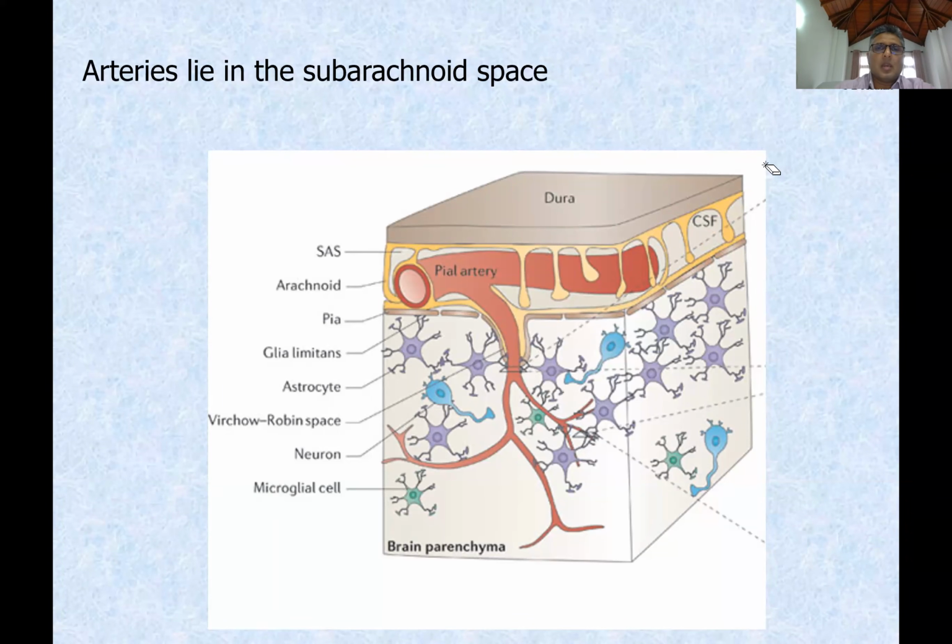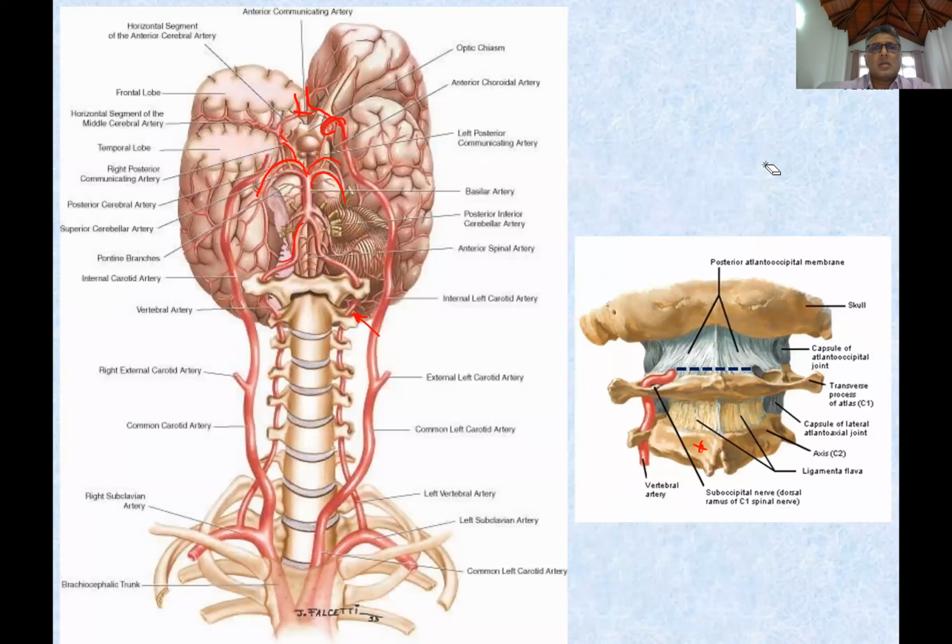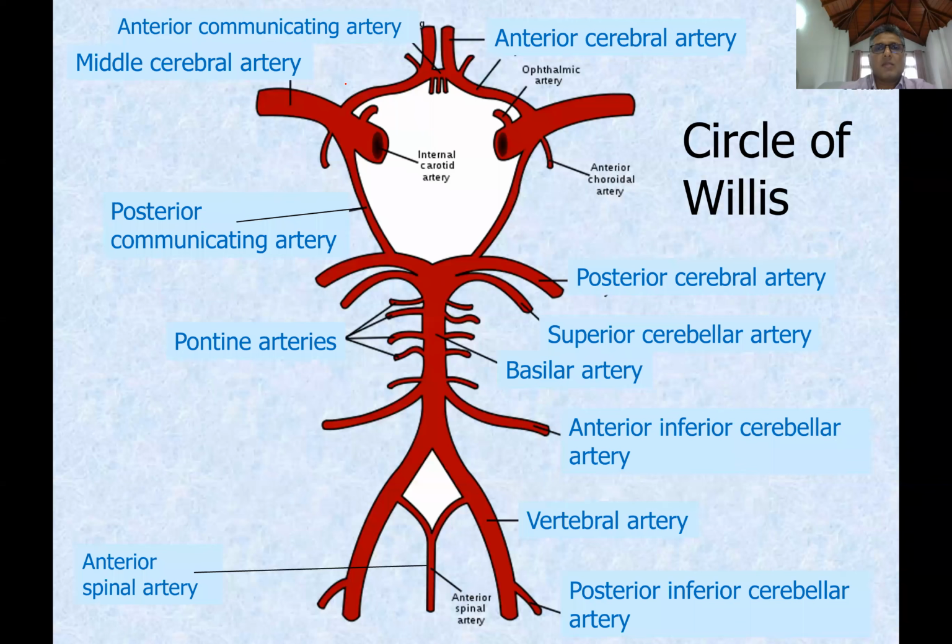When it comes to where you get this collateral circulation, anastomosis, the usual rule is if you get blood from the vertebral arteries, they go through the posterior cerebral arteries like this. Whatever comes through the carotid arteries goes through its branches. So there is no mix up. Maybe the next slide would be better. Yeah.